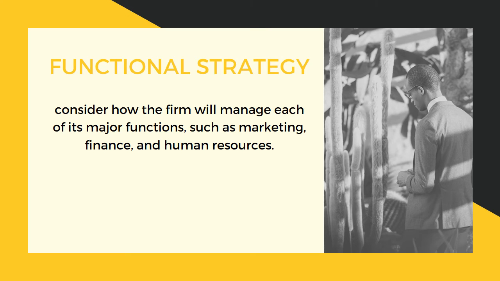It considers how the firm will manage each of its major functions such as marketing, finance, and human resources. Functional level strategies are the actions and goals assigned to various departments that support your business level strategy and corporate level strategy.